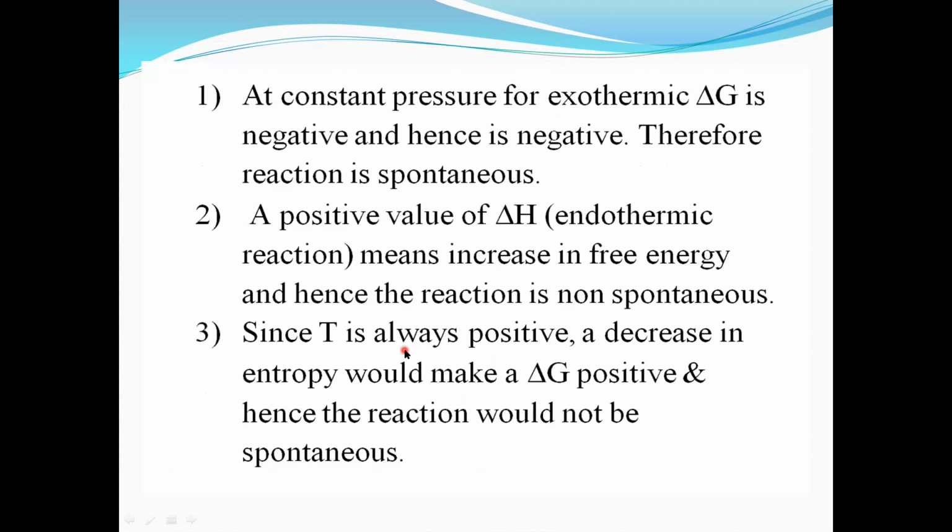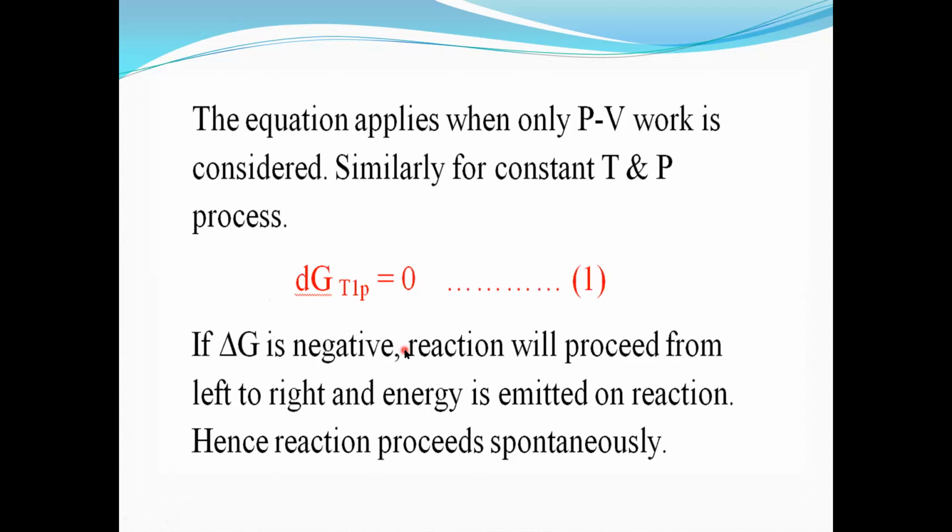Okay. Now again we have to take the cases. If the value of delta G is negative, as previously we have studied, the reaction will proceed from left to right.